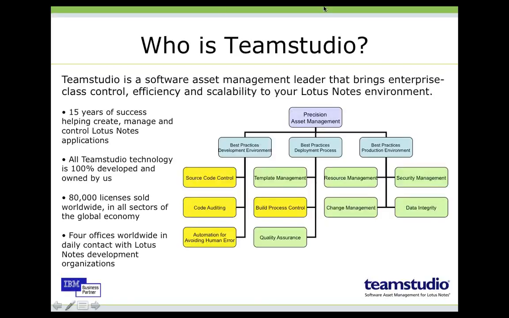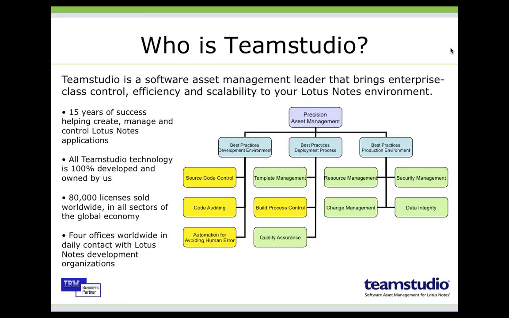Team Studio, as I mentioned earlier, you may be familiar with us in many ways over the years. We've got the core set of development tools, including Analyzer, Configurator, Delta, and Chow for application development. We've been an IBM business partner going back more than 12 or 13 years.